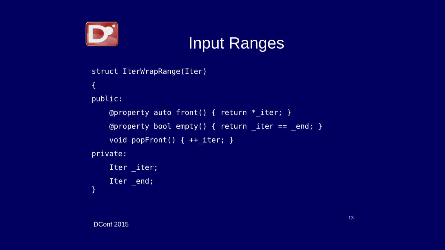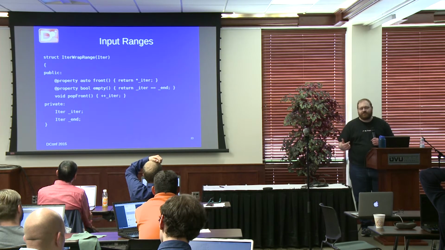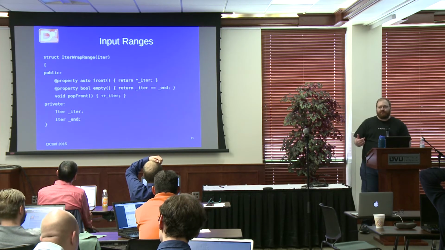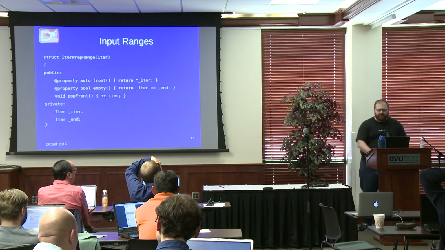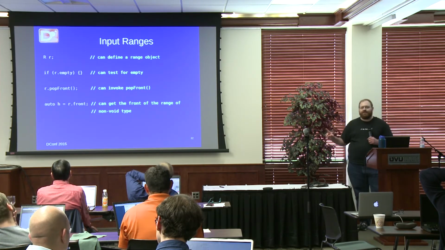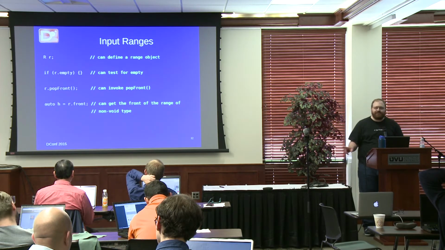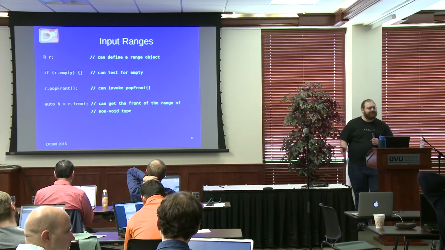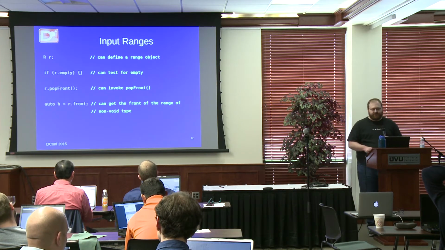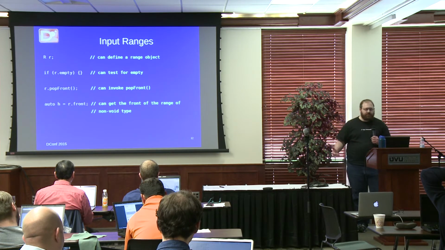Now, while it's nice to think initially of ranges as being based on iterators, all it really requires is this set of functions. So there's all kinds of things you can implement that have nothing to do with containers, nothing to do with iterators, that follow this API and are extremely useful. They basically give you a range of values from somewhere.